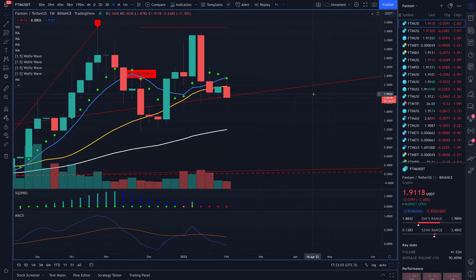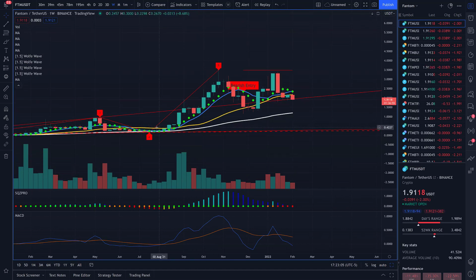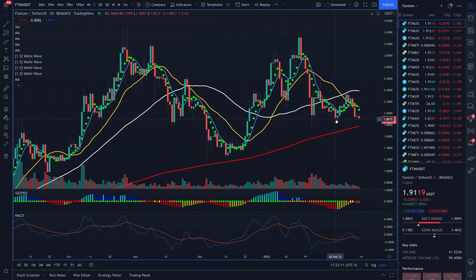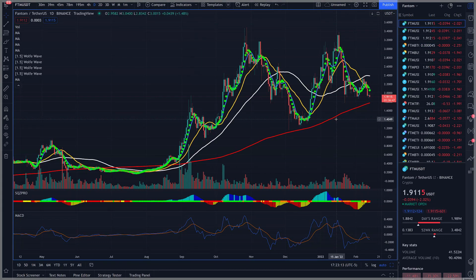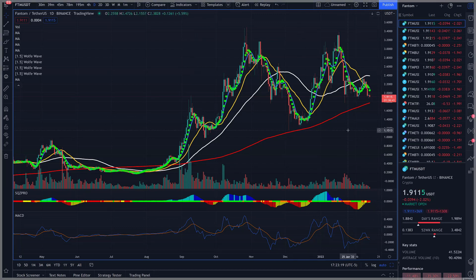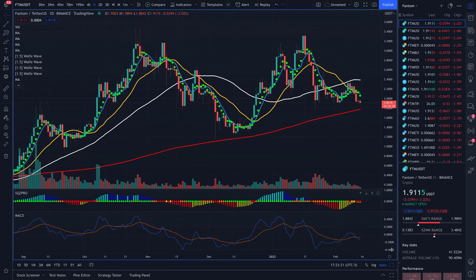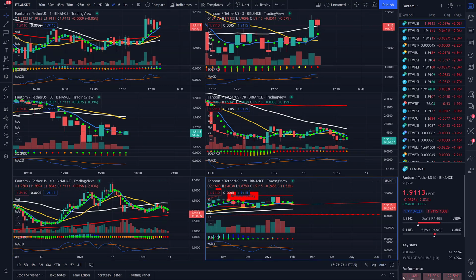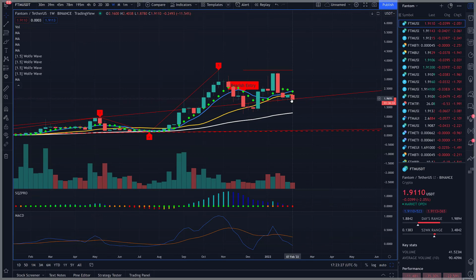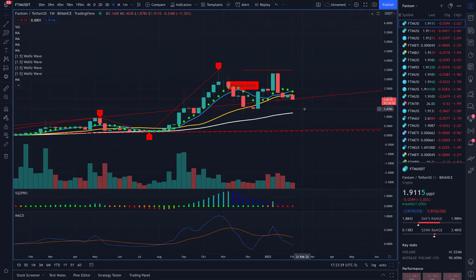On the weekly it's very bearish, and on the daily it's not showing anything. If you don't have a bullish Wolfe wave on the daily or the 30-minute or 70-minute time frame, you're not really looking to open a trade here, because right now the weekly time frame is keeping price trading lower.